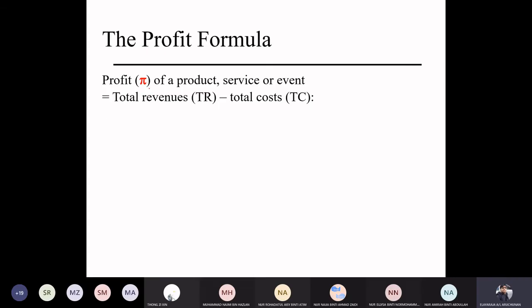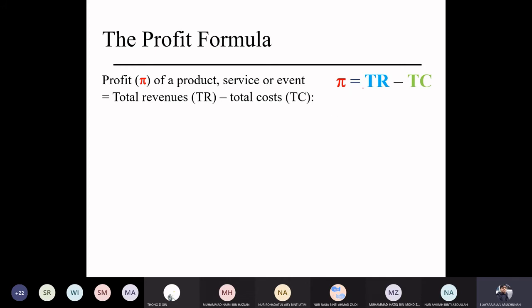So this is equivalent to total revenue, TR, minus total cost, TC. Which means you can easily write in algebraic form: profit equals TR, or total revenue, minus total cost. So you can easily find how much the profit is.